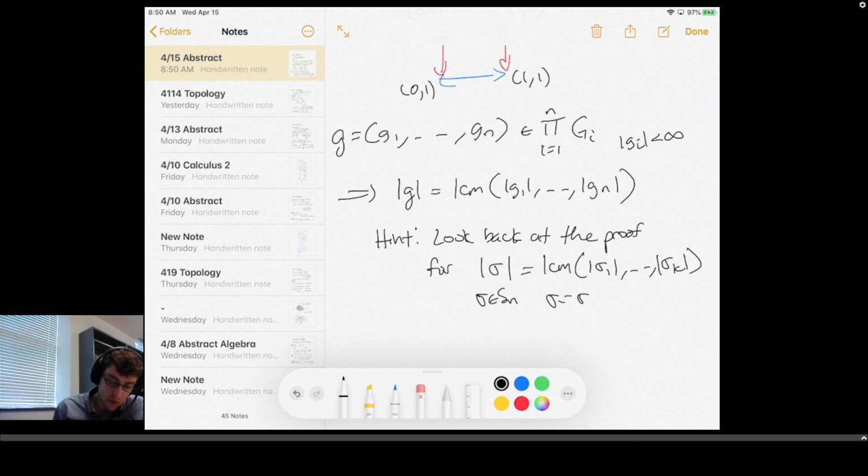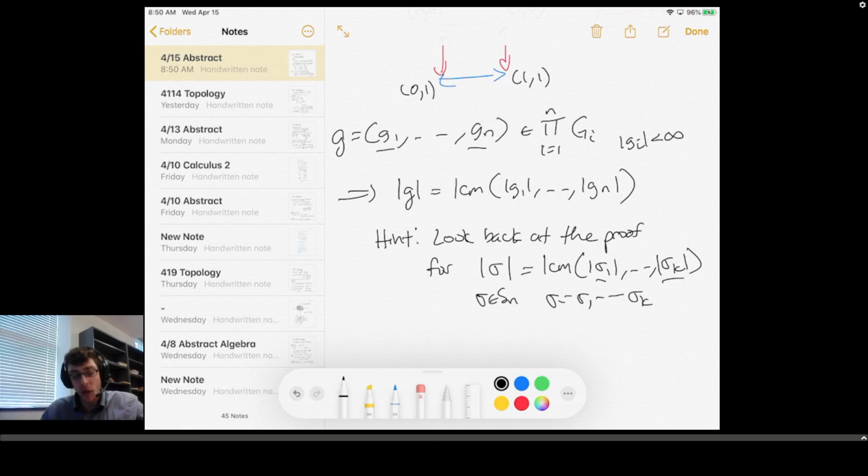Because it's pretty similar. This is the stuff that makes up sigma. All of them are independent because they were disjoint cycles here. These are the things that make up G. All of them are independent because they're in different coordinates. The idea is very, very similar here. So when you're looking at this, I recommend taking a look back at what we did on the previous one and see if you can replicate that process and actually prove this rigorously.